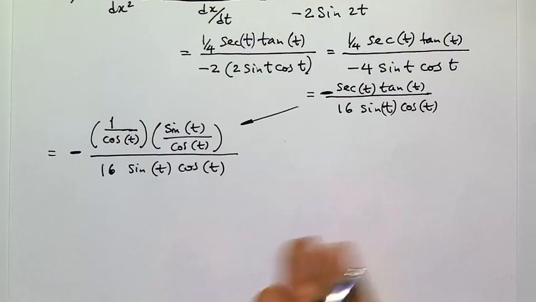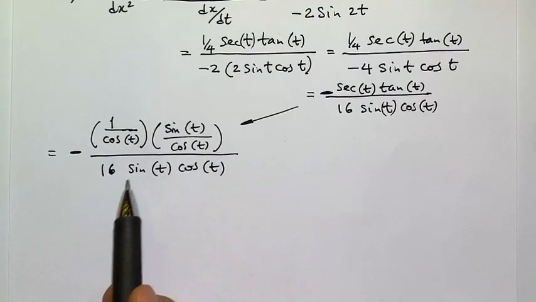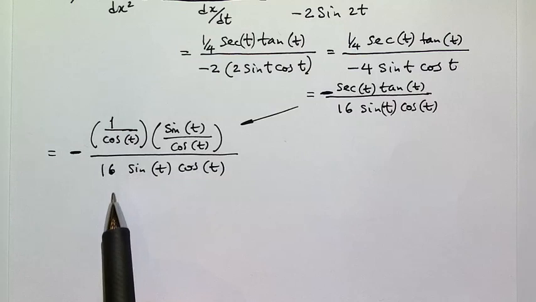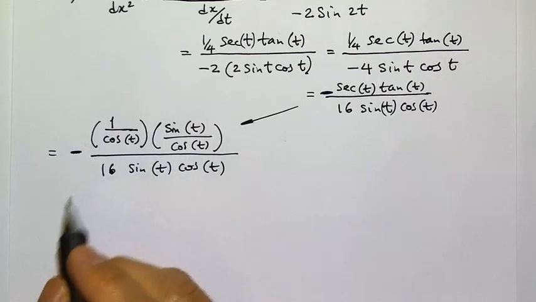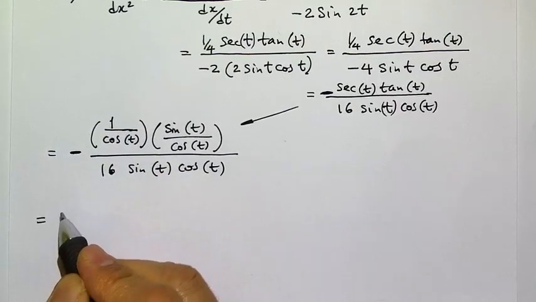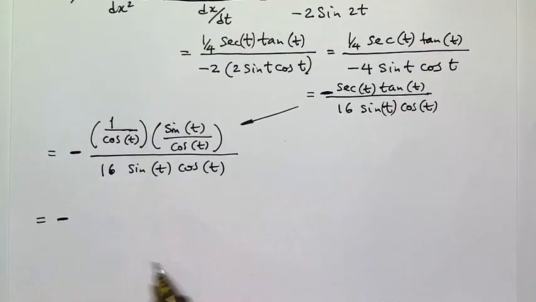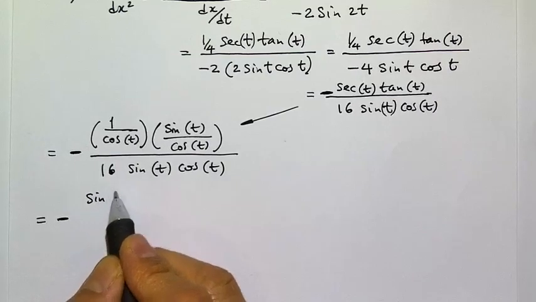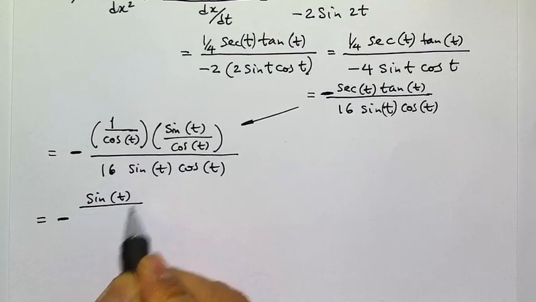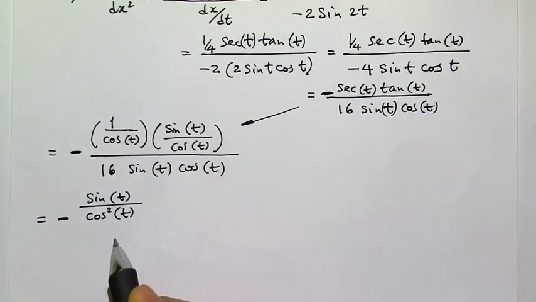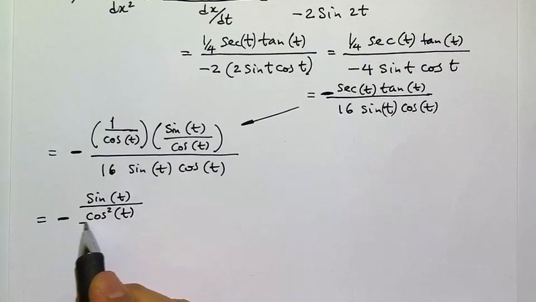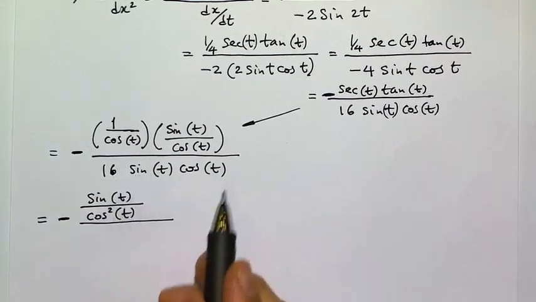Okay, so now simplifying things, we can write sine of t in the numerator, sine of t divided by cosine squared t. So we can write minus sine of t divided by cosine squared t, this times that, and then all of that divided by 16 times all of this.